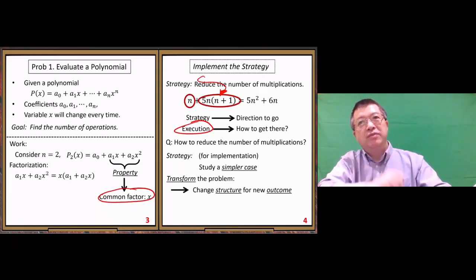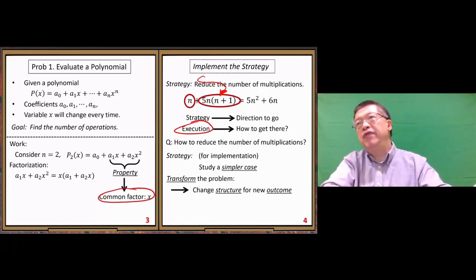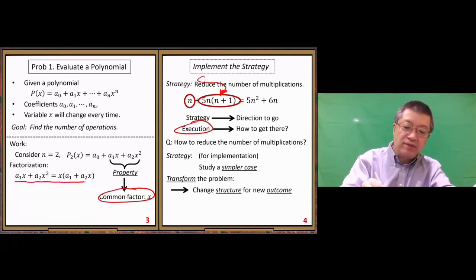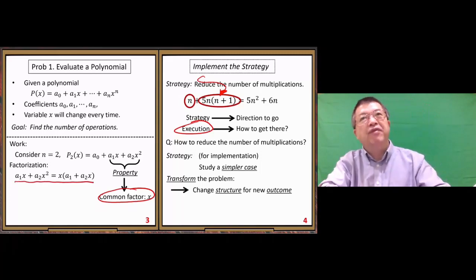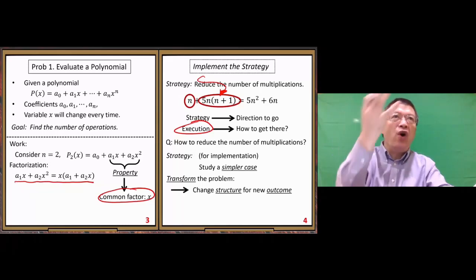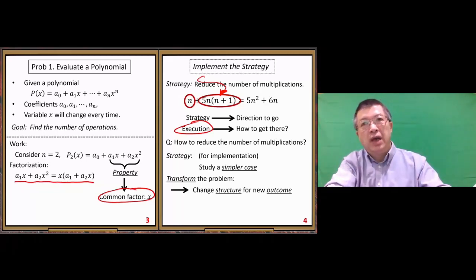So let's look at this factorization. The last two terms have a common factor. How about we just factor that common factor out? So we have this expression. After we have this expression, now we want to enjoy the result. So how to get that?